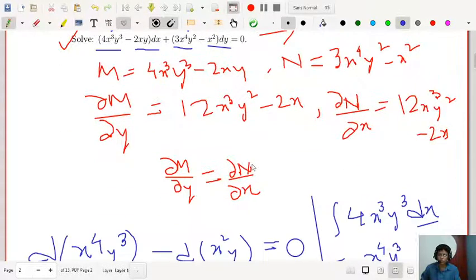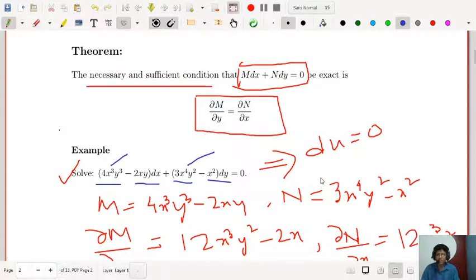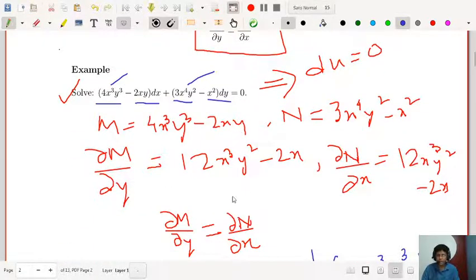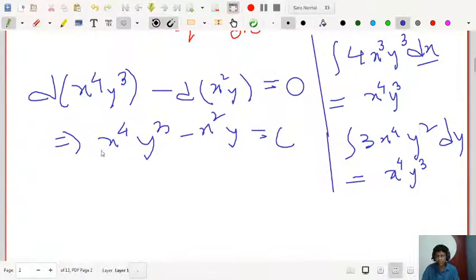That is the most important thing. So this is how you are applying the necessary and sufficient condition to check whether the equation is exact or not, and after that you solve the problem by writing it in the form of du, and after that integrating, you are getting the general solution. This is the general solution.